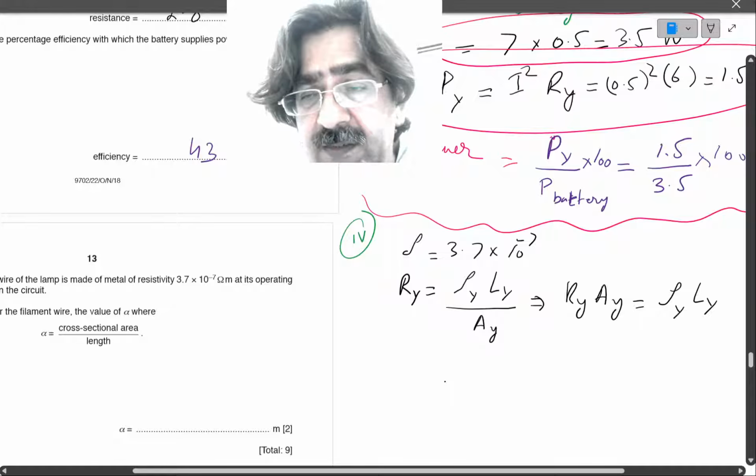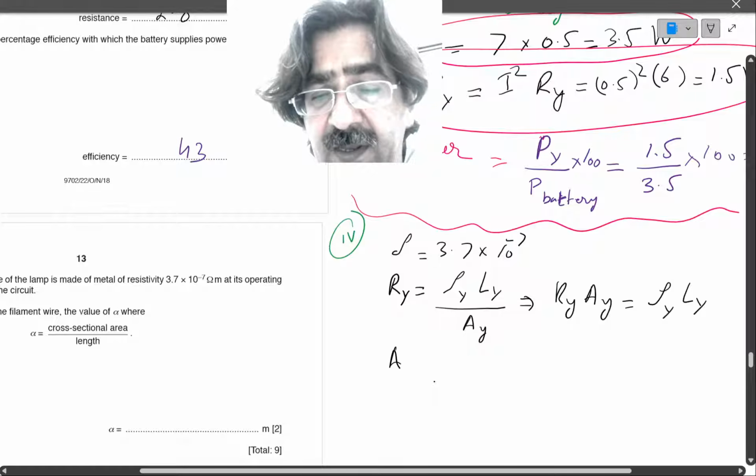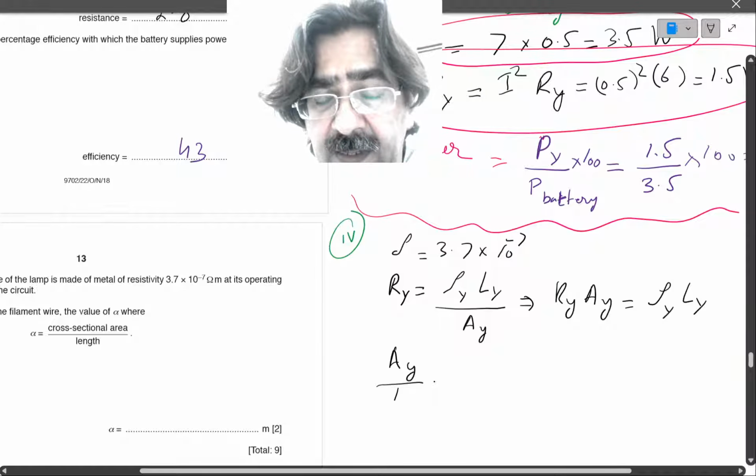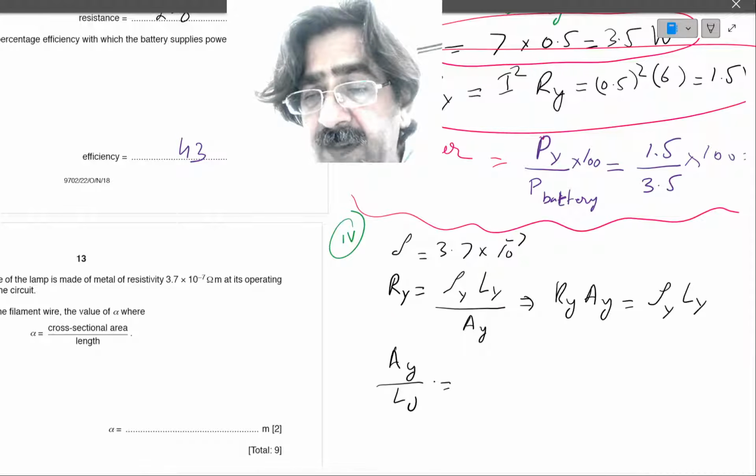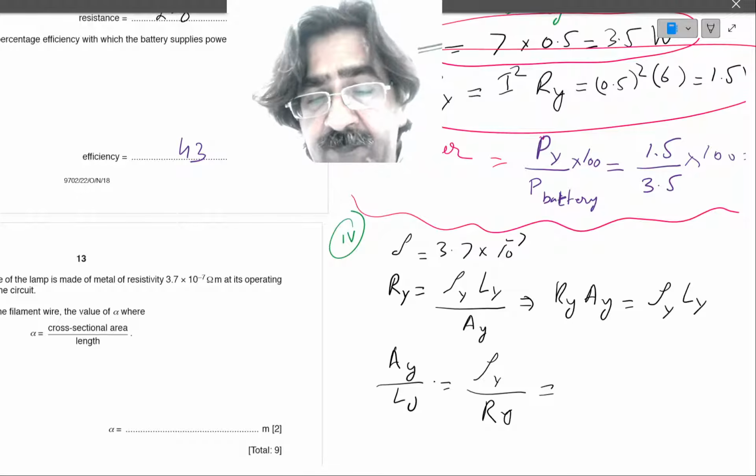We have to find the length. So A divided by L, A will become rho over R, where rho is the resistivity.